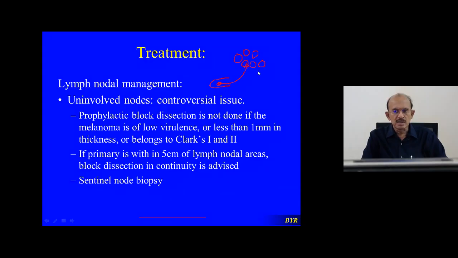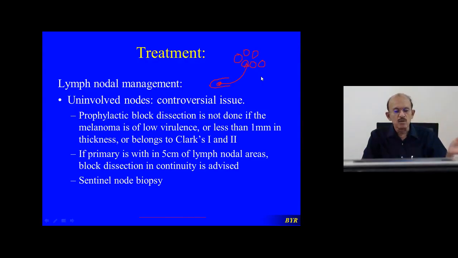So you make an incision over the inguinal region, you see the stained lymph node, you remove that lymph node and send it for biopsy. The biopsy report comes, whether positive or negative. If it is positive, then remove all the lymph nodes. If it is negative, then don't touch the inguinal region.